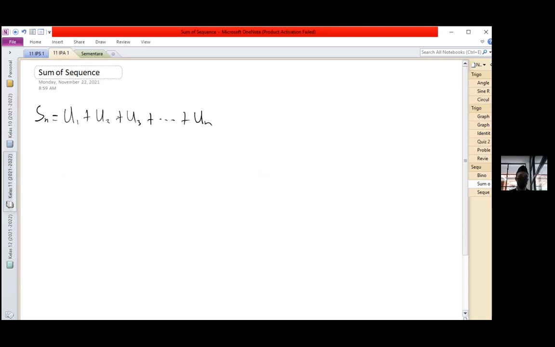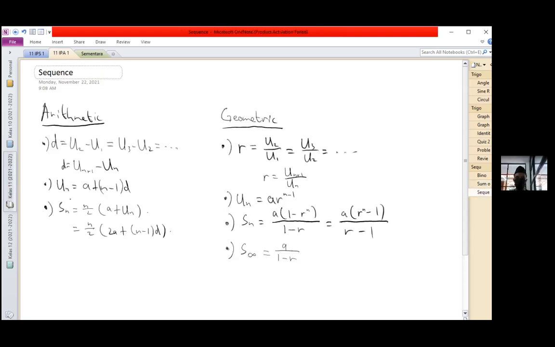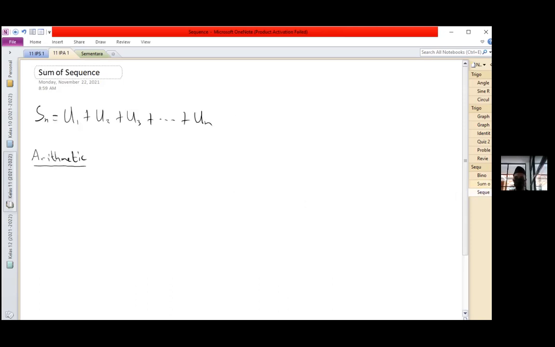For an arithmetic sequence, to find the sum, we can do some algebra to conclude this formula.